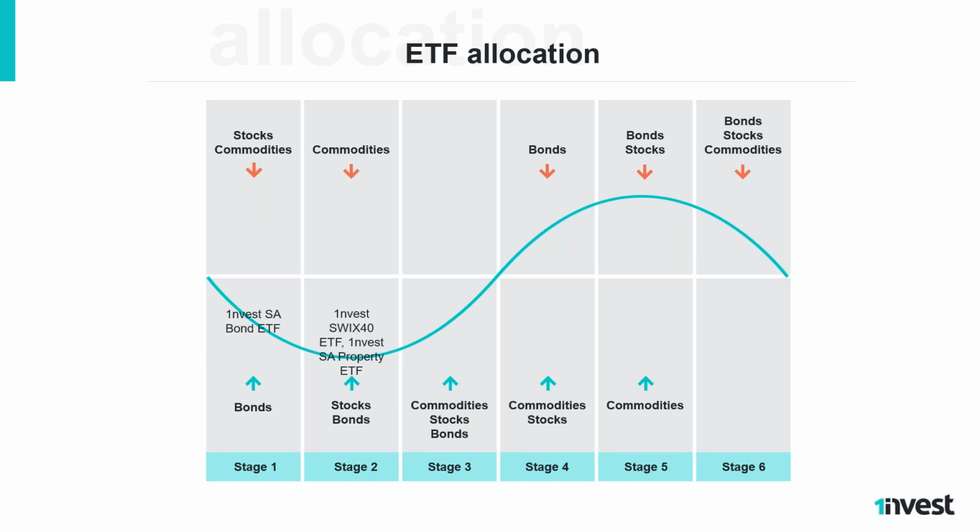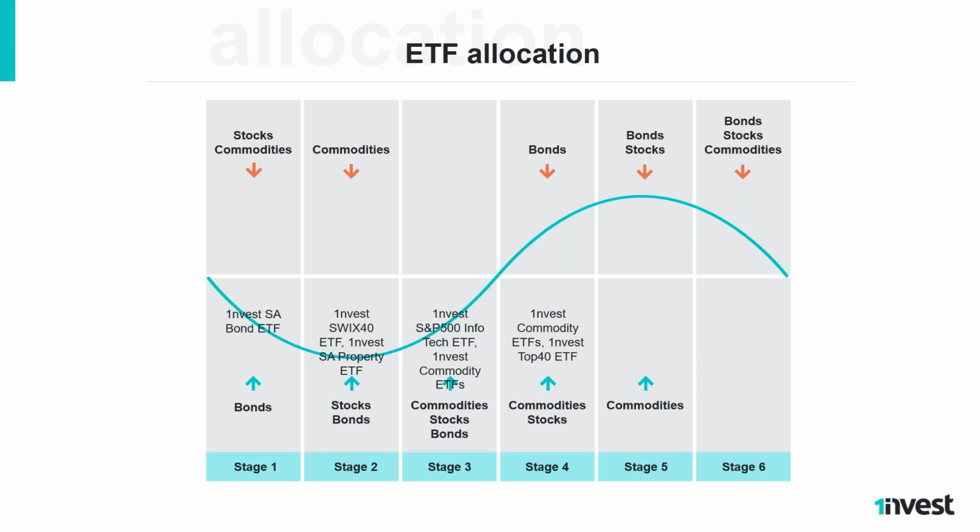When we look to take on significantly more risk, I would introduce an ETF such as the Swiss 40 ETF, which, due to the methodology, has a slight skew towards the financial sector. The SA property ETF would be another good one to bring into our portfolio at this point.